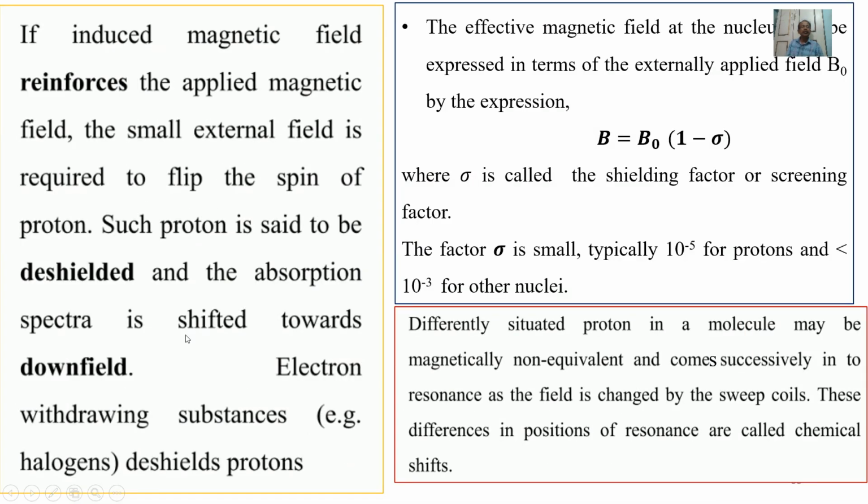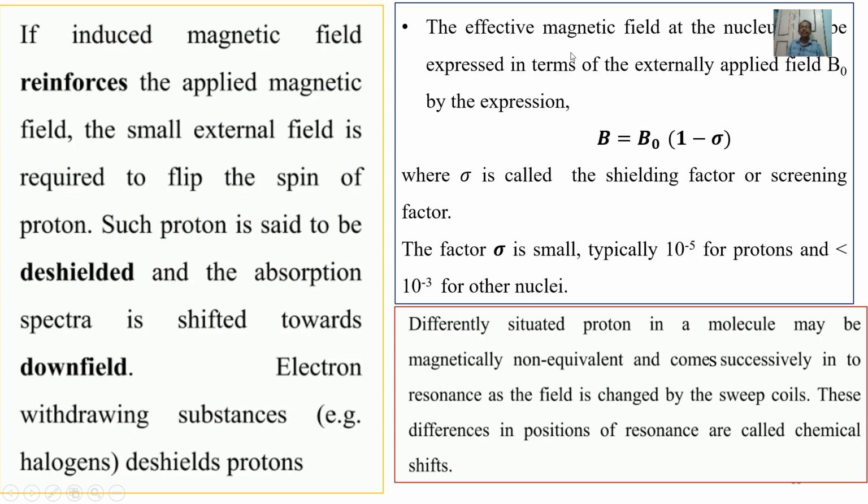If the induced magnetic field reinforces the applied magnetic field, a smaller external field is required to flip the spin of the proton. The proton is said to be de-shielded, and the absorption spectrum is shifted towards downfield. Electron withdrawing substances de-shield the protons.